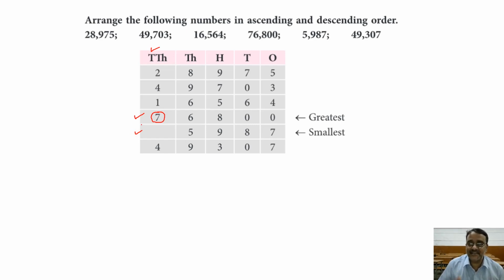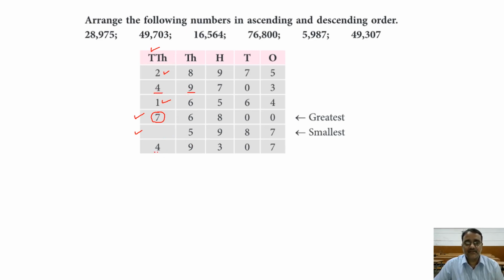Now we have to arrange in ascending order. Ascending means smallest to greatest. So first number is 5,987. Next number starts with 1: 16,564. Then start with 2: 28,975. Then 4, both are the same. 49,307.